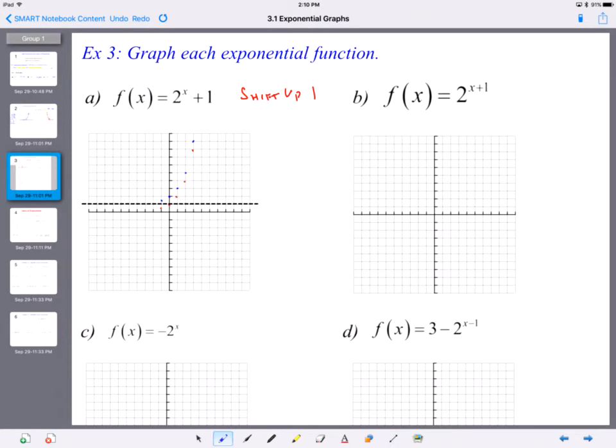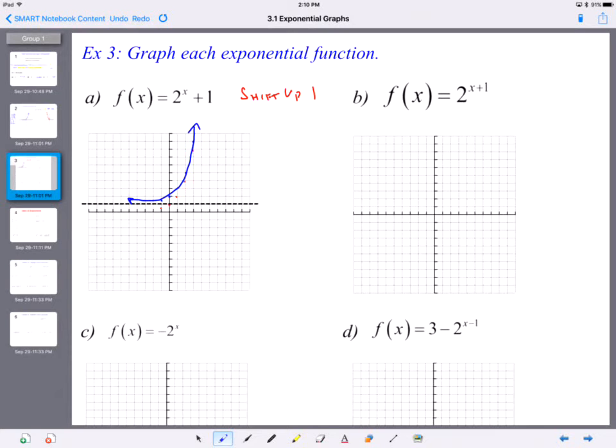So we got to be careful when we graph these that on this one it got shifted up. So our new graph, try that one more time. Alright, it's now going to get close to the line y equals 1 and not the x-axis. So just make sure you're careful with that.